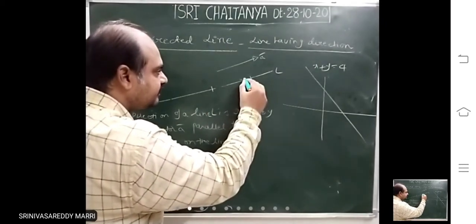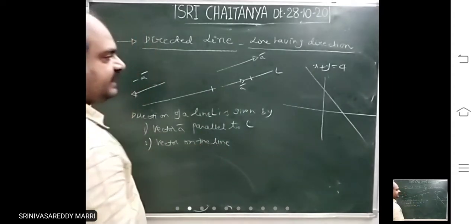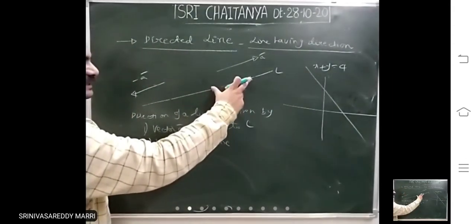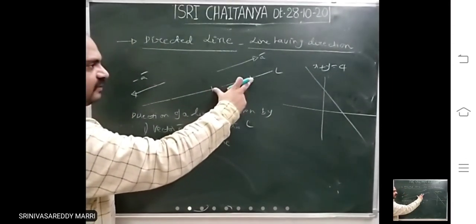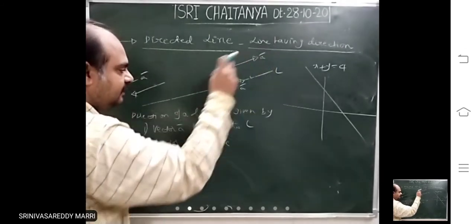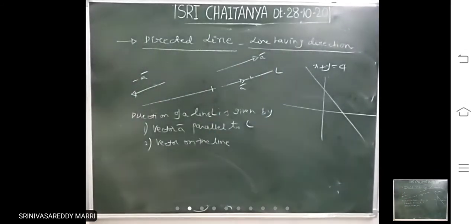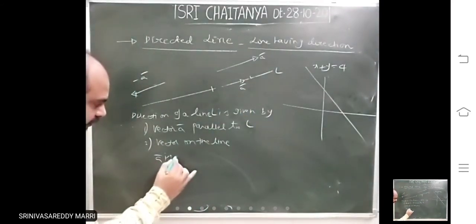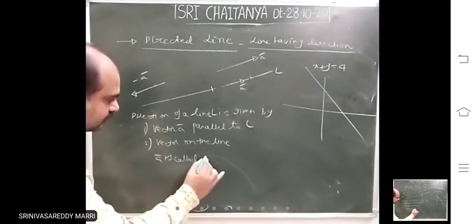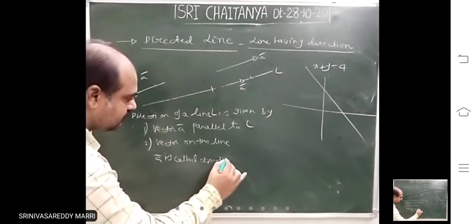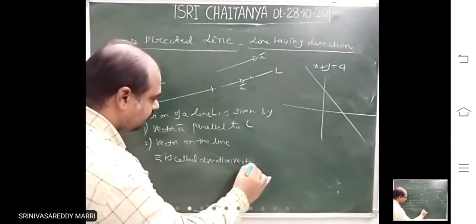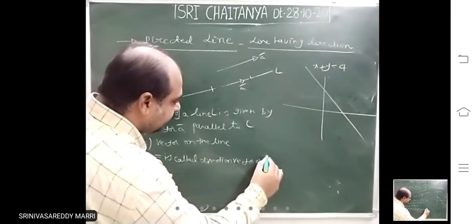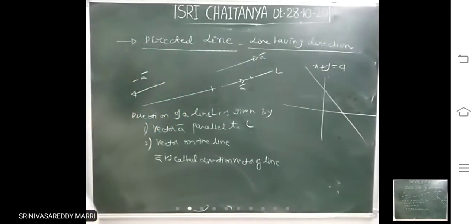That is direction. A bar is on the line only. Here A bar is parallel, same line. That means direction vector A bar is called the direction vector of the line.